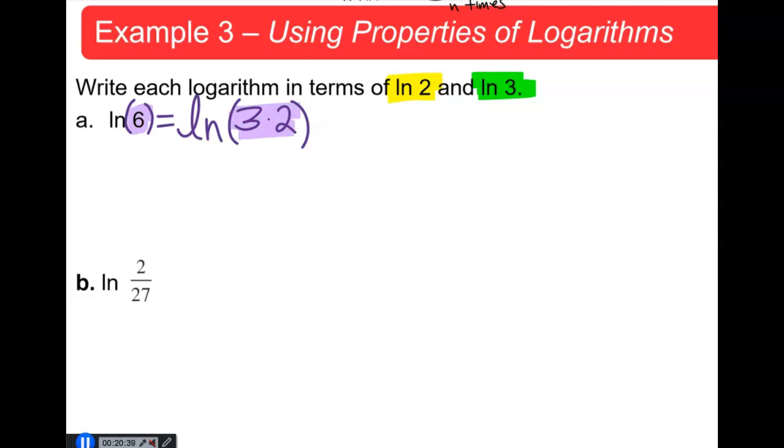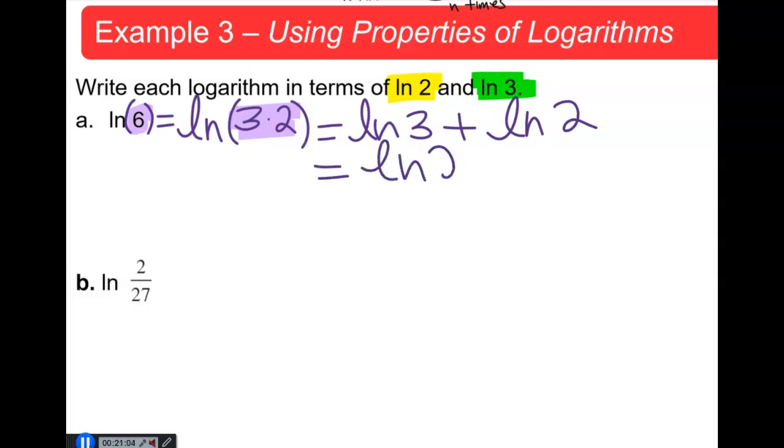So now we have the log of a product, and what we're going to do is expand it into the sum of 2 logs, because that's the product rule or the product property. So this will be ln of 3 plus ln of 2. Addition is commutative, so this will be the exact same thing as if we had it the other way around.